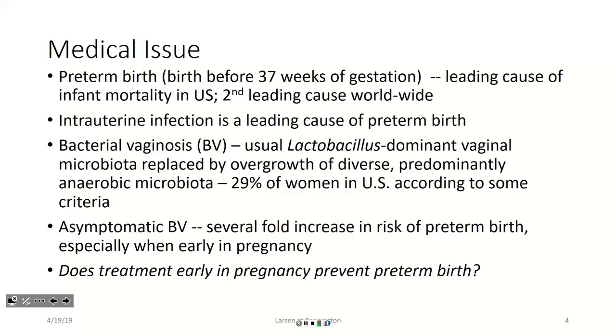It's a cause of infant mortality and has many other implications for child development and the health of families. Intrauterine infections are the leading cause of that. Bacterial vaginosis, or BV, is a particular type, where there's an overgrowth of diverse, probably anaerobic microbiota. It doesn't necessarily cause catastrophic impacts, but it's associated with premature birth.